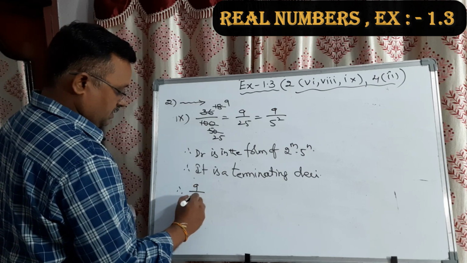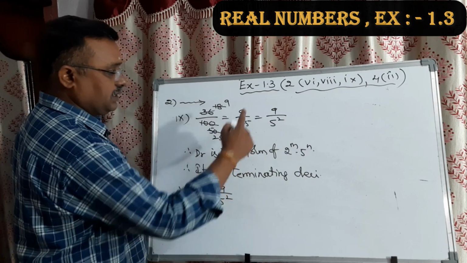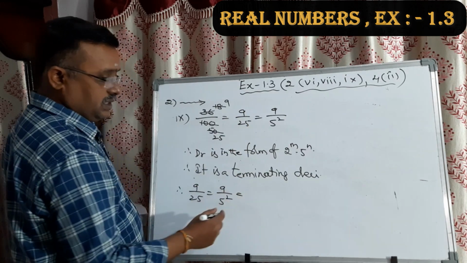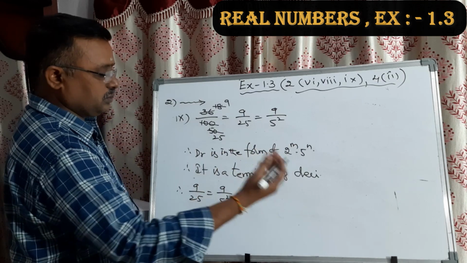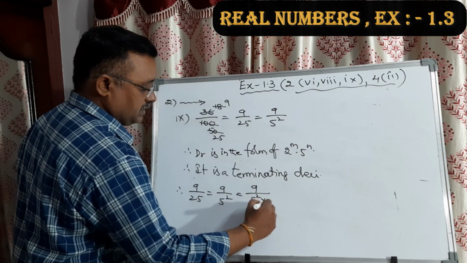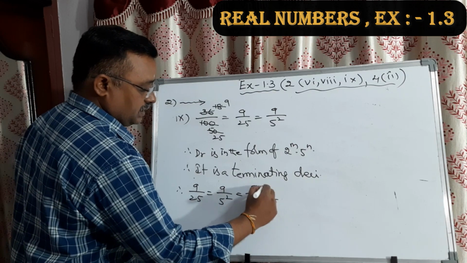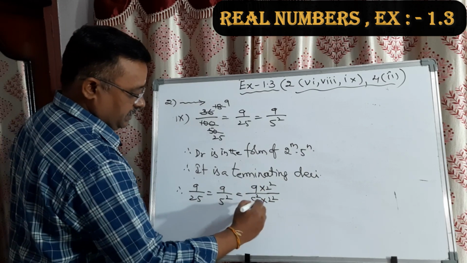9 by 25 is equal to 9 by 5 square. Already I told you, make the powers of 2 and 5 the same by suitable multiplication. So that is 9 by 5 square into 2 square by 2 square in numerator and denominator.